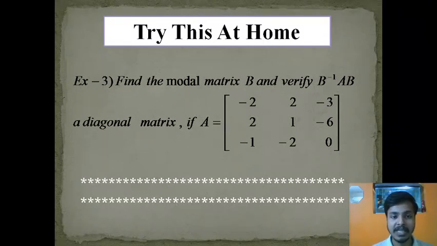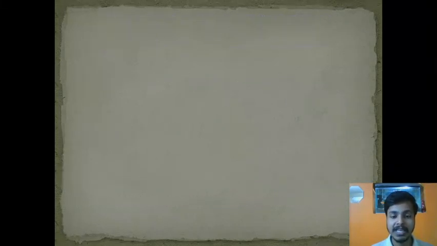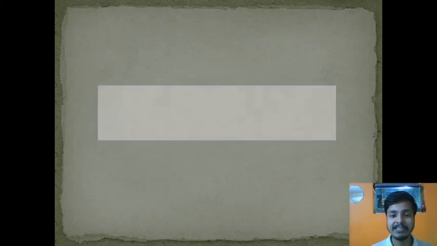We have taken problem 1, and this is problem number 2. I hope this is making sense, and I feel that you have got the concept of how to solve the problem when the matrix has repeated eigenvalues. So this is what we have in this learning video.